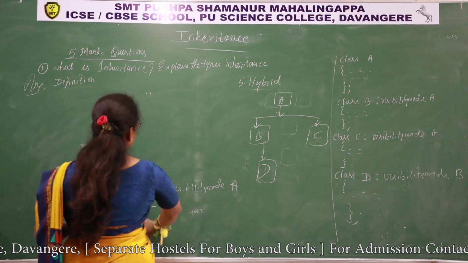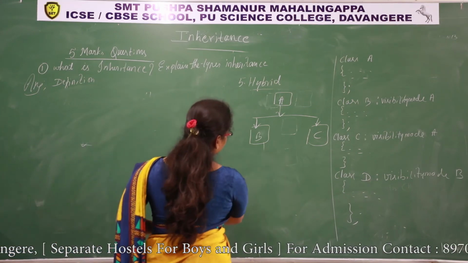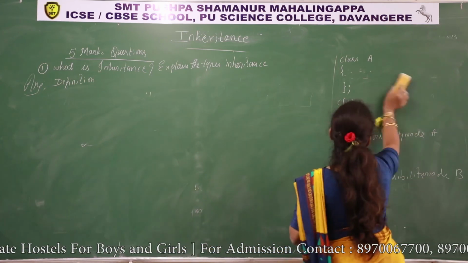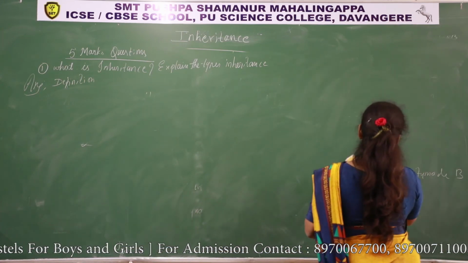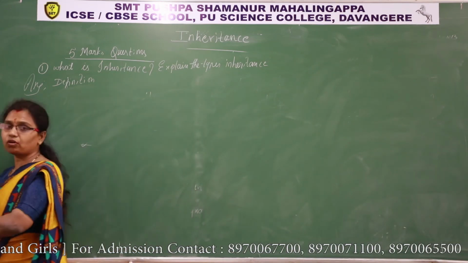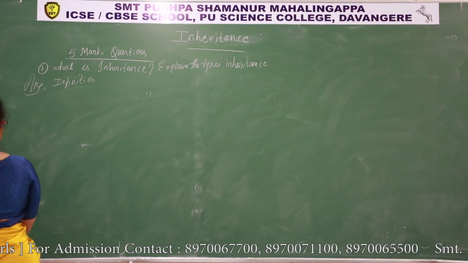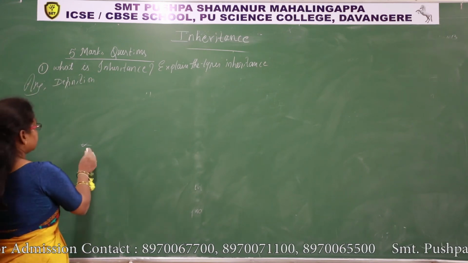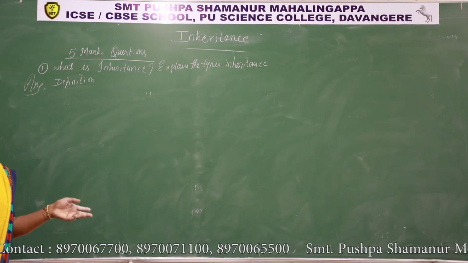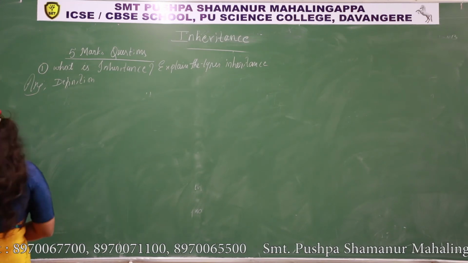What is inheritance? Explain any two. Sometimes they will mention the particular type. If they mention a particular type, or if they ask you to explain any one or any two, then you must write the definition, syntax or definition, pictorial representation, and program. Okay. Next.